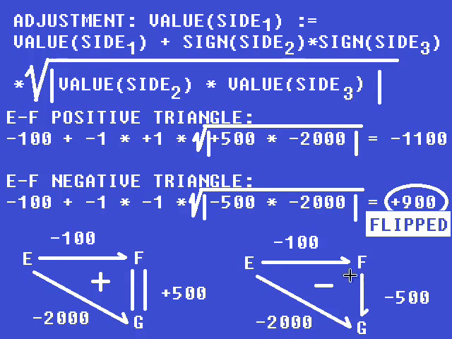Now let's look at what happens with the negative triangle. The computation is really exactly the same thing, with one change. The -500 makes it here times -1 instead of times +1. So you're going to sum -100 not with -1,000 but with +1,000. Essentially that flips the connection.